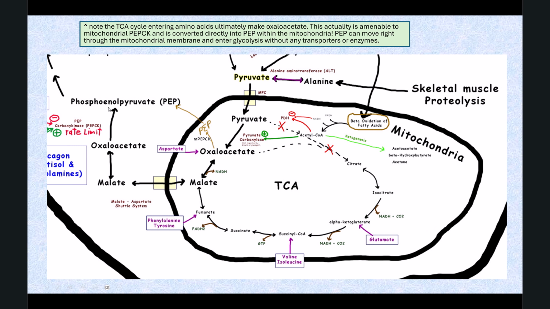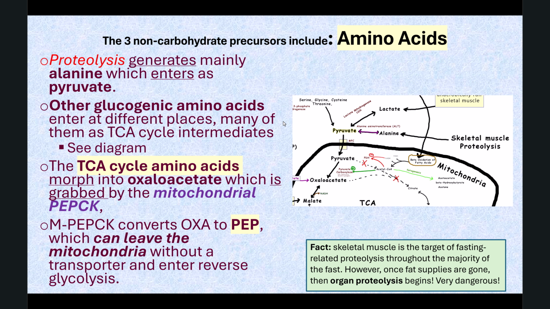And so it can just go on its journey through reverse glycolysis here. So that's all I'll say about that one. So mitochondrial PEPCK converts oxaloacetate to phosphoenolpyruvate, which can leave the mitochondria without a transport. It just floats through that membrane like a ghost.